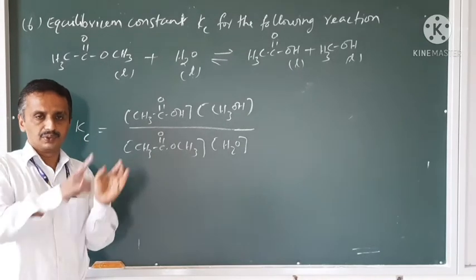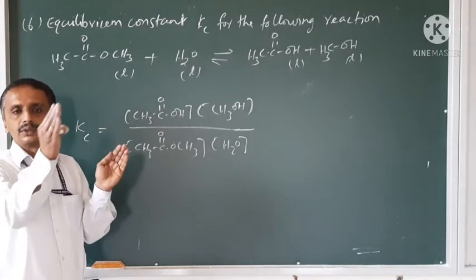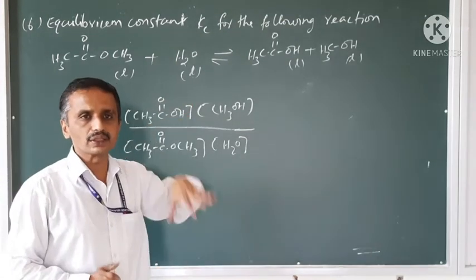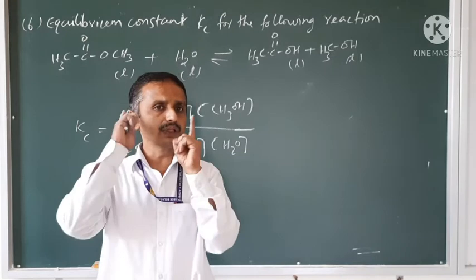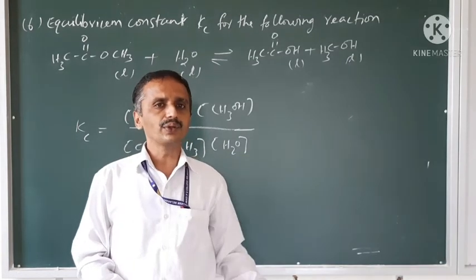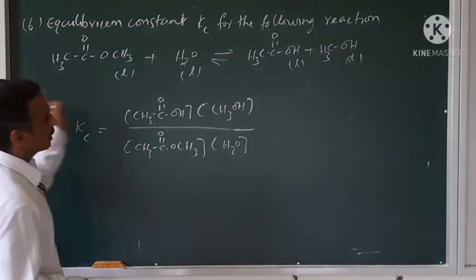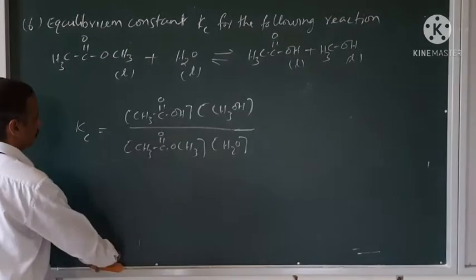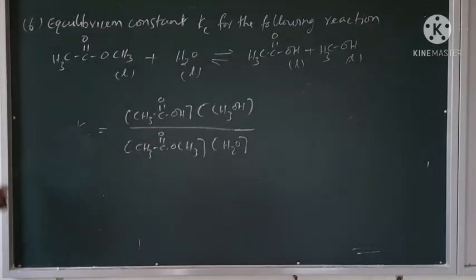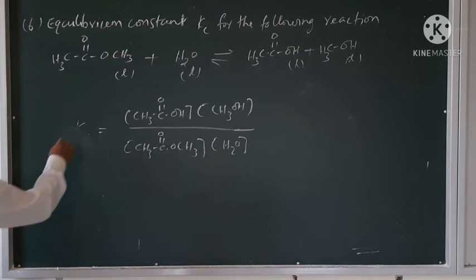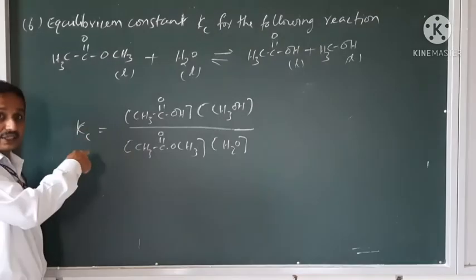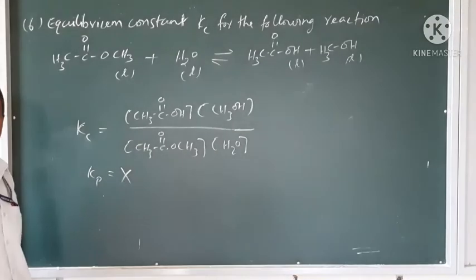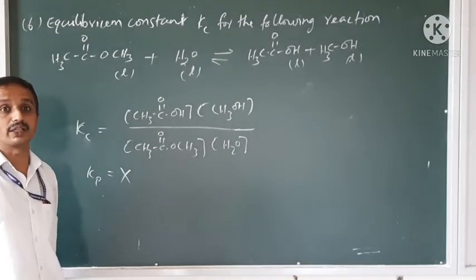If one is solid and the rest are gases, you consider only the gases. If one is liquid and the rest are gases, then only the gases you have to consider, and for the liquid you take unity. But here all are liquid, so don't consider them as unity. And as it is a liquid, I cannot write the Kp for this. Don't use Kp is equal to Kc into RT to the power delta n. No.